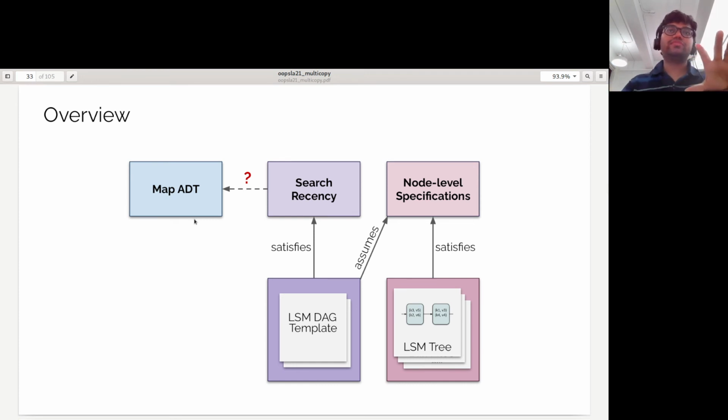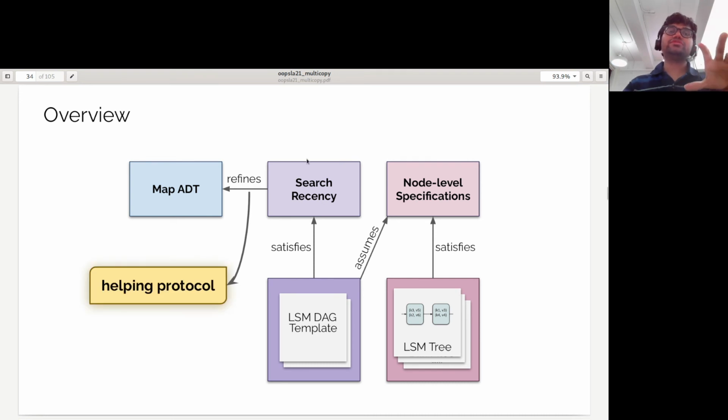So our approach then is to prove the map ADT specification assuming search recency. This proof has to deal with the non-fixed linearization point of search, basically implementing the strategy for linearization points that we talked about earlier. That strategy is implemented using a helping protocol.